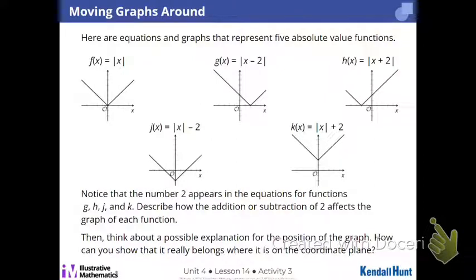So let's talk about first, what are you noticing that these all have in common? What's something they all have in common? Brandon? They all have absolute value. So absolute value, absolute value, absolute value, absolute value. Got it. What else is in common, Maddie? They're all in V shapes. All the graphs are shaped as a V still. Okay. What else is in common, Zeph?